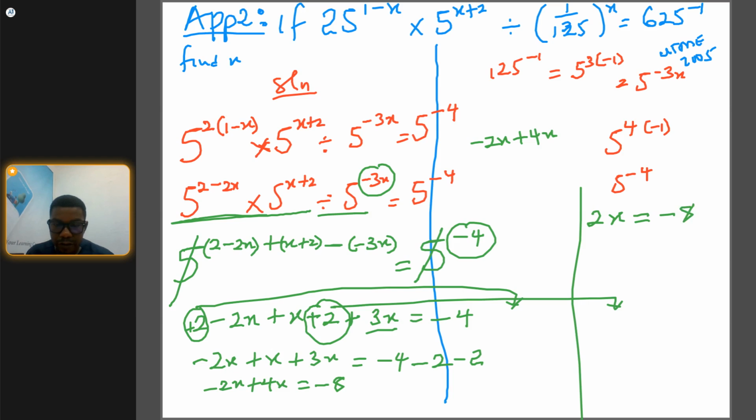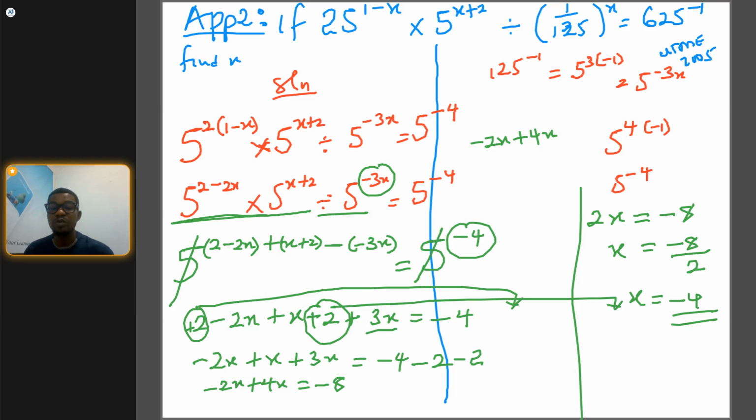Divide both sides by 2. That is x will now be equals to minus 8 over 2. x equals to minus 4. So the value of x is minus 4.